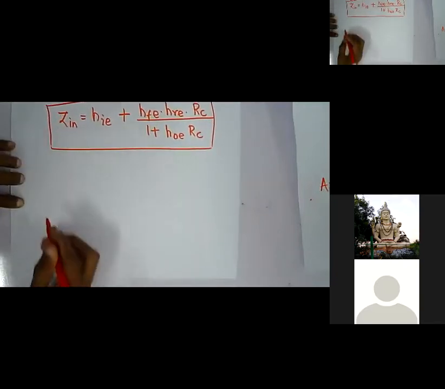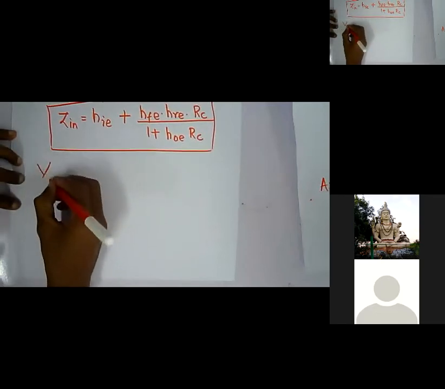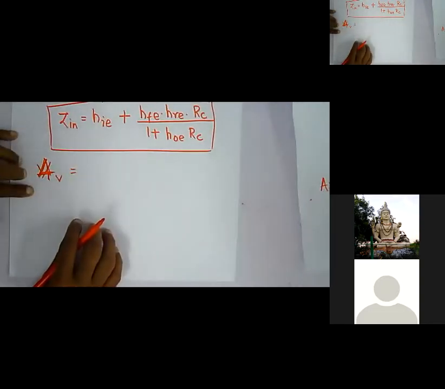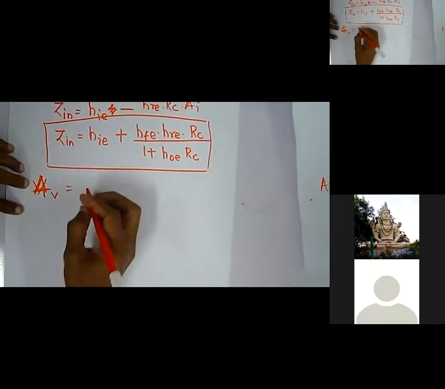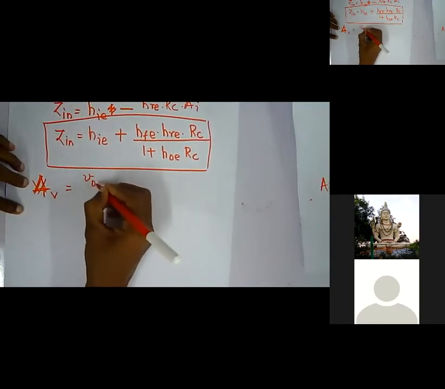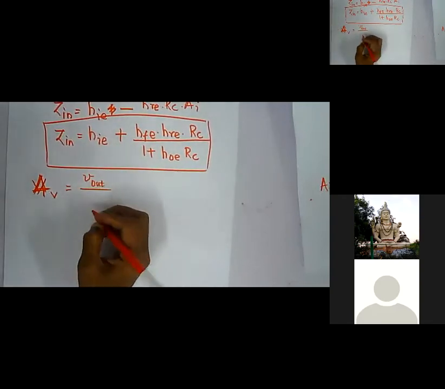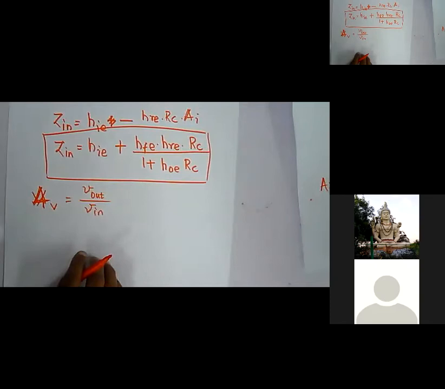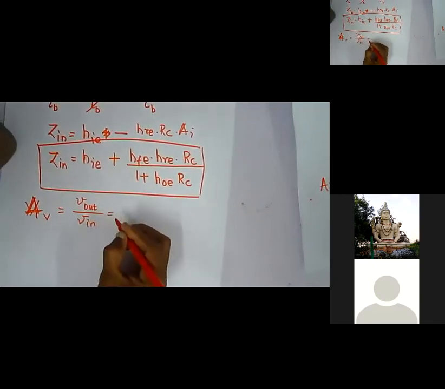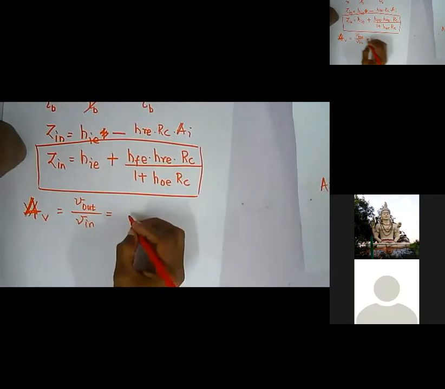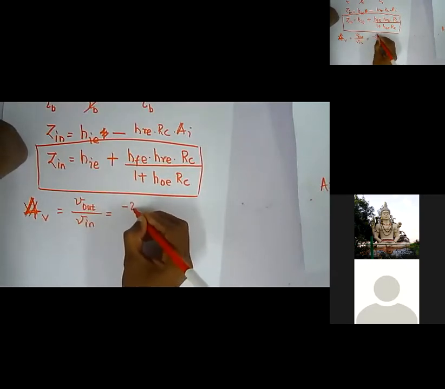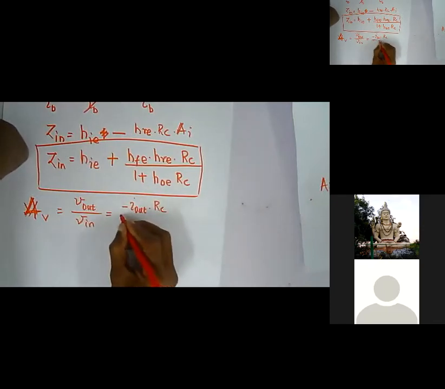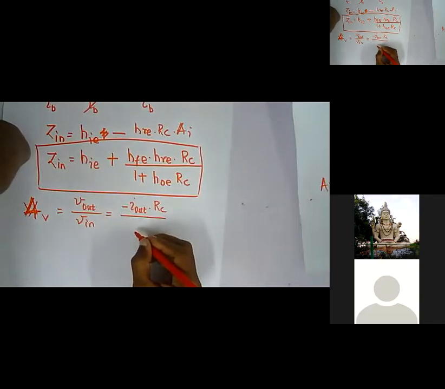Now we'll see the third one, A V, which is your voltage gain. From the circuit, I can write my voltage gain as V out divided by V in. So V out is actually minus I out into RC, divided by V in.